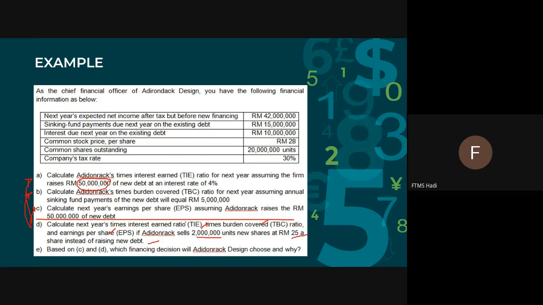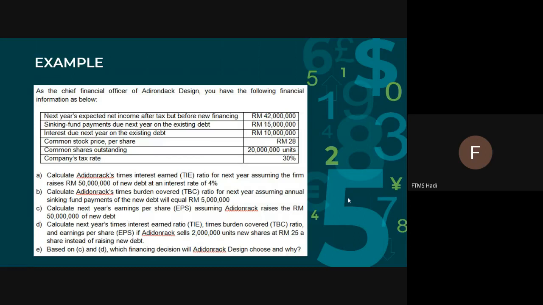So you need to repeat step A, step B, and step C with the same formula, but do not involve anything about the sinking fund and everything, because this is totally on the debt option only. Later on, you can see the difference between calculation D and calculations A, B, and C together.